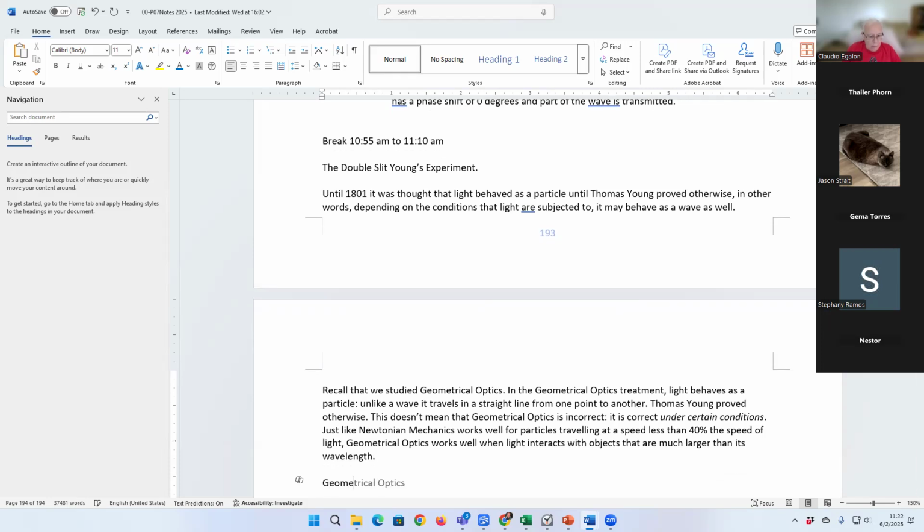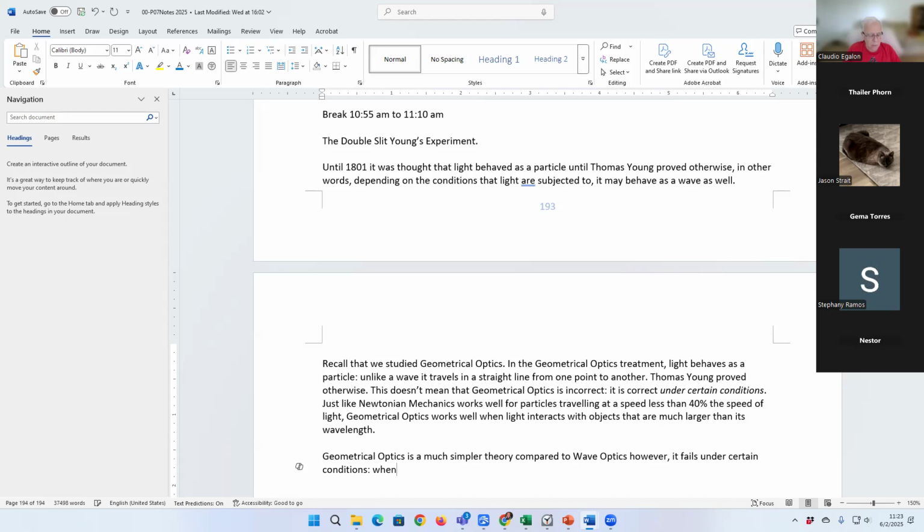So here you go. Geometrical optics is a much simpler theory compared to wave optics. However, it fails under certain conditions.